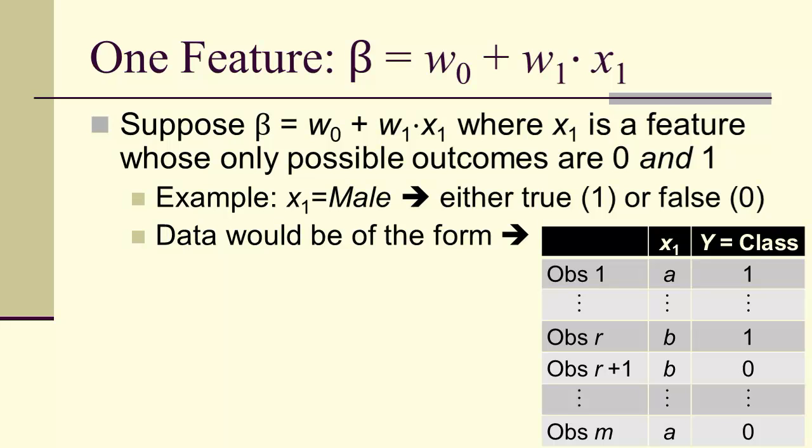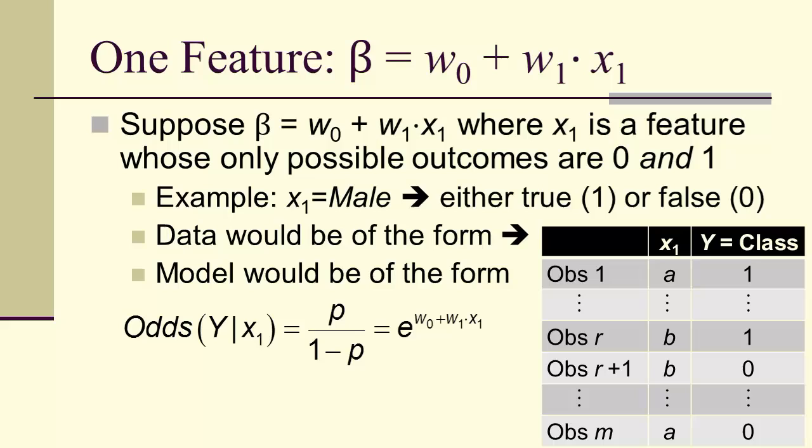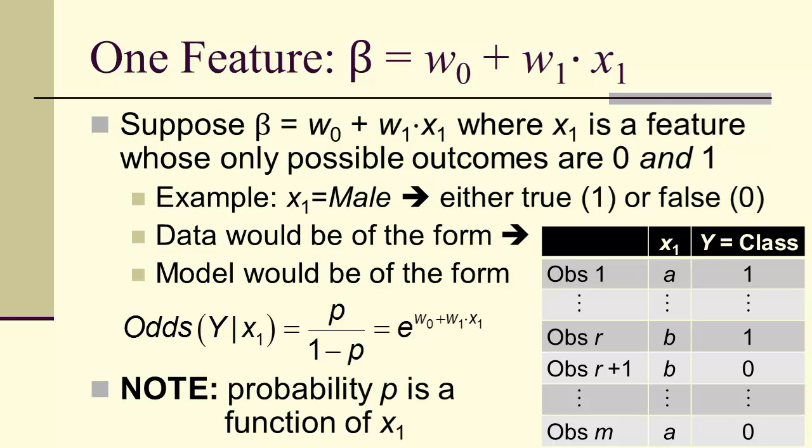X1 has values A or B, which of course are either 1 or 0 right now, and then y is the class. Our model would then be of the form the odds of y given x1, P over 1 minus P, would be e to the W0 plus W1 times x1. And the probability P, you'll notice, is a function of x1.